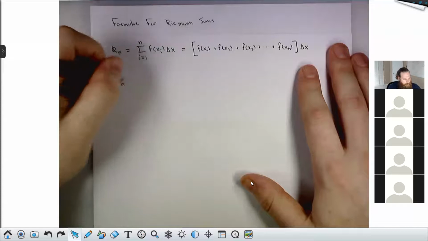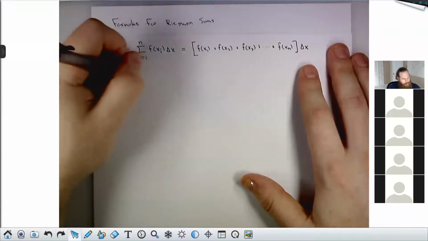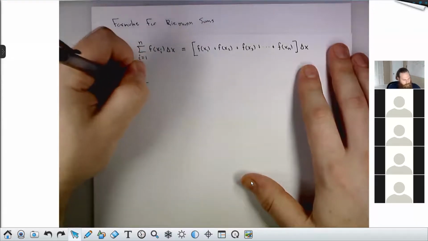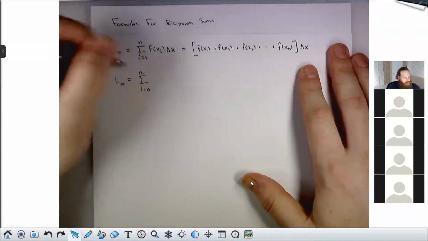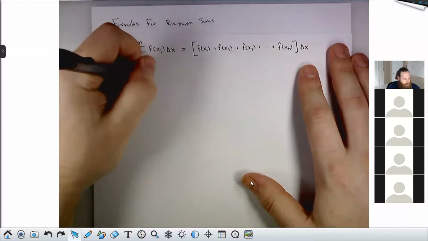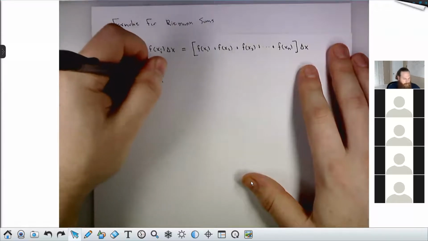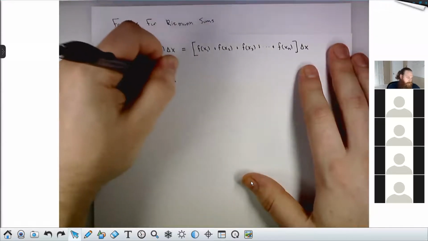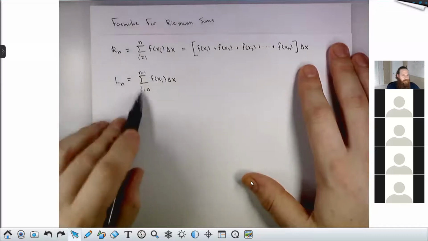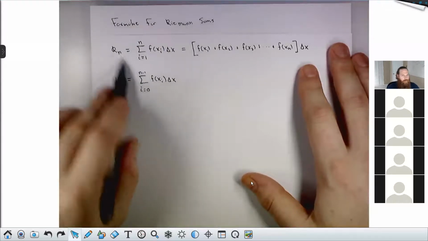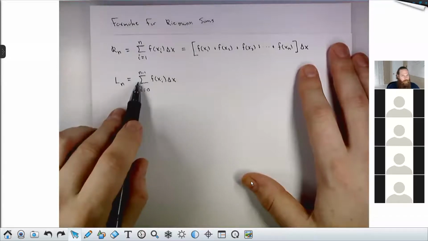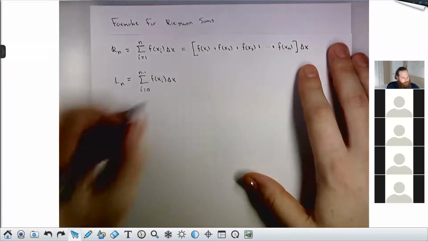Ln is the sum from i equals 0 to n minus 1 of f of xi times delta x. Just this very subtle change. Instead of going from 1 to n like you do in Rn, you go from 0 to n minus 1 for Ln.